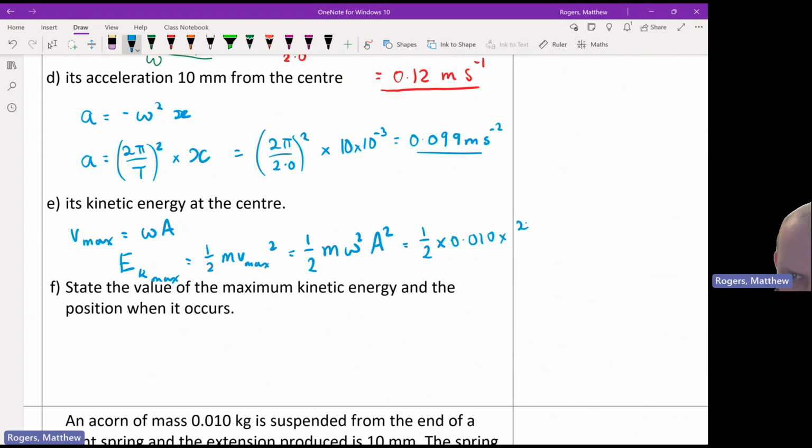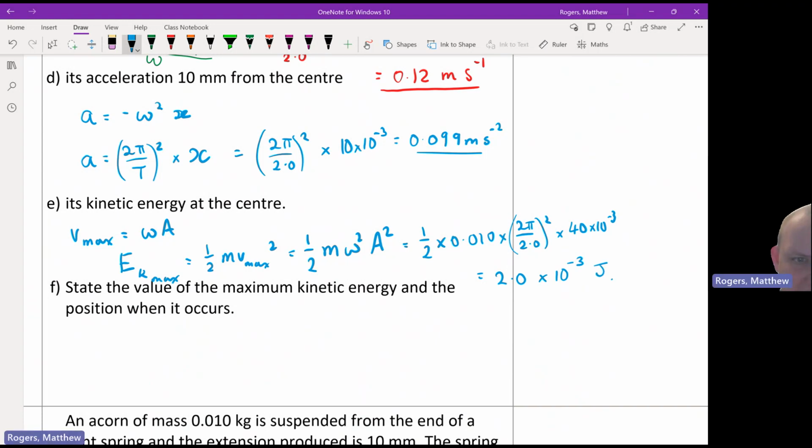Well, as we know, this is 2 pi over 2 squared times A, the amplitude, which is 40 times 10 to the minus 3. 0.5 times 0.01 times pi squared times 40 times 10 to the minus 3 is 1.97, so 2.0 to two significant figures times 10 to the minus 3 joules.